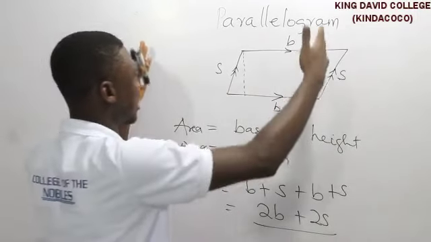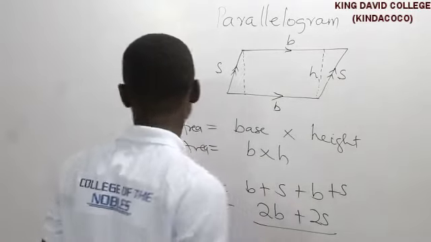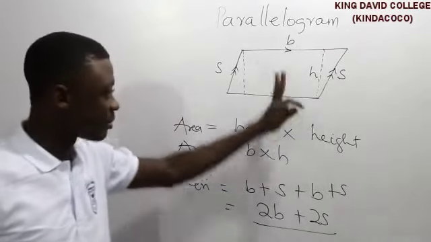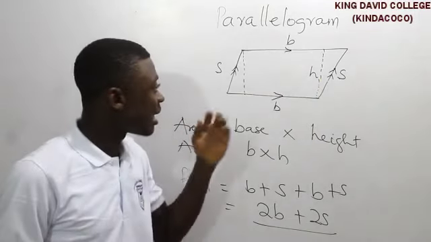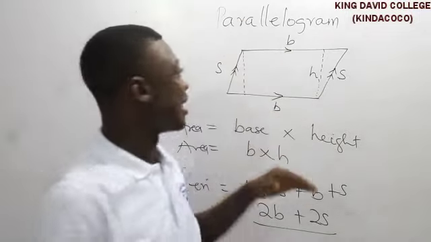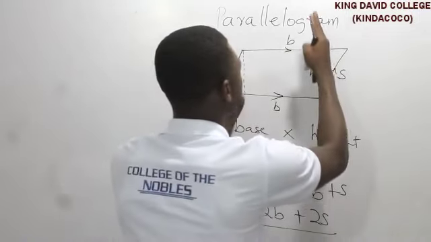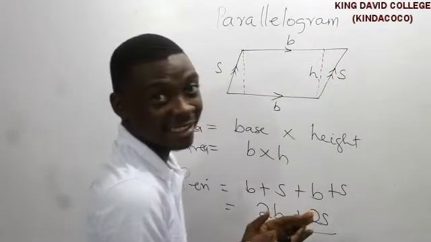Now, as we are treating the parallelogram, let me introduce you to the very last shape under these plane figures. If you have a rectangle compressed, instead of it coming down, we decide to change the shape like this.